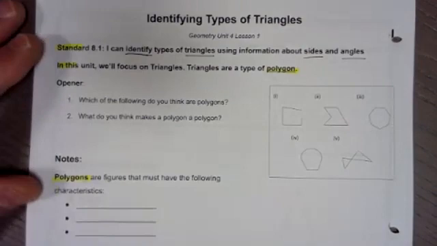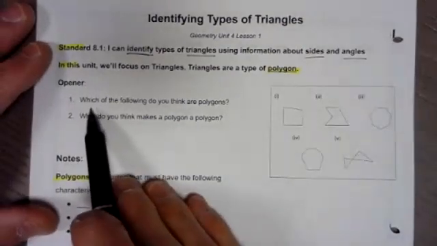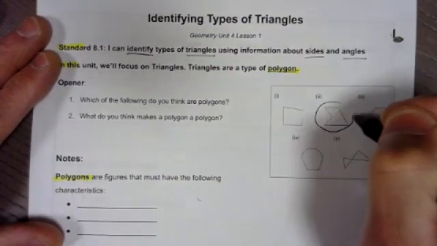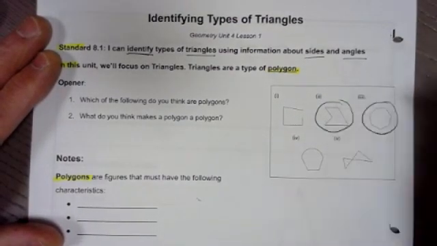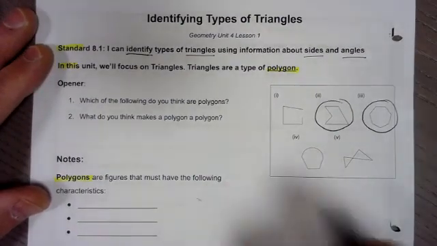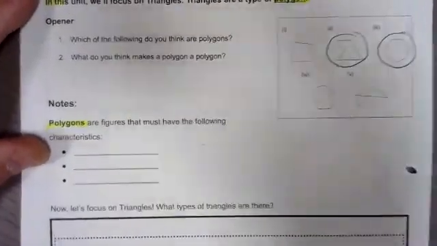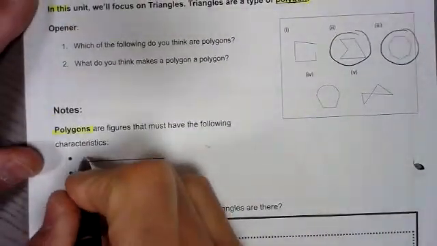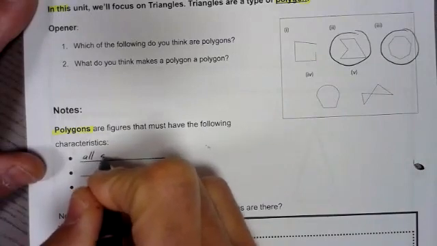All right, so hopefully you figured that one out or did the best you could. So which of the following are polygons? Well, in this situation, 2 and 3 are going to be polygons, and that's it. So rules, let's talk about the rules for polygons. Polygons must have the following characteristics. All sides must be straight.